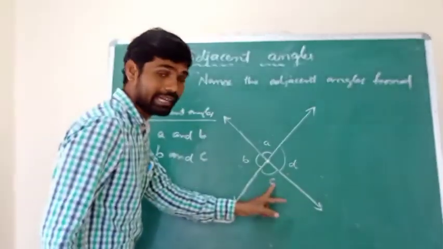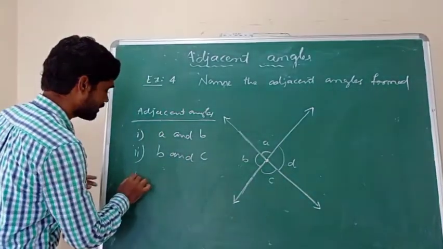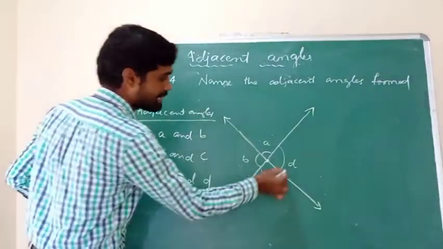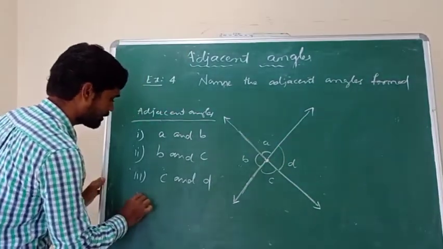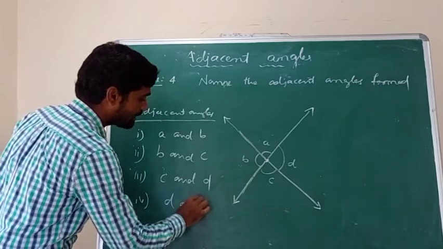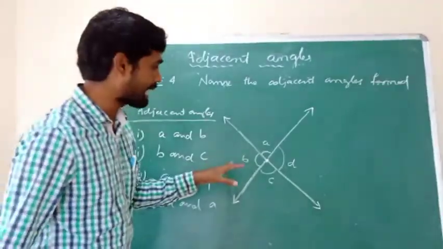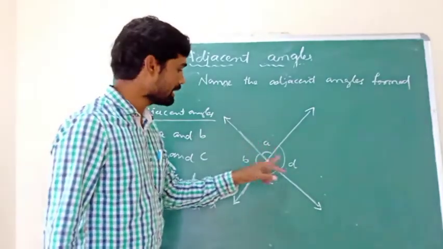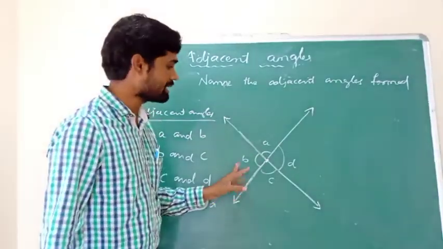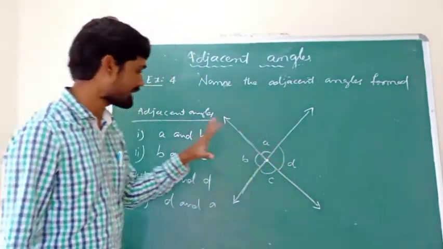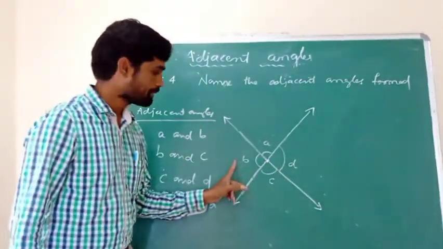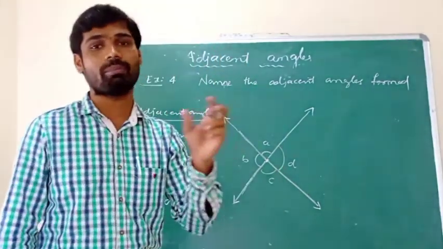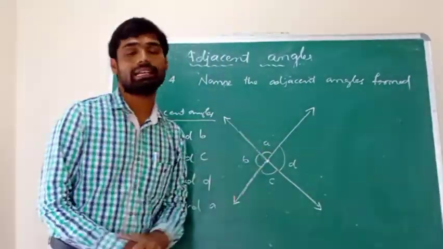In the same way we can write C and D, as well as D and A. Is it possible to have any more? No. A and C have different arms, B and D have different arms. So there are no more adjacent angles. AB, BC, CD and DA have a common arm and common vertex, so they are called adjacent angles.